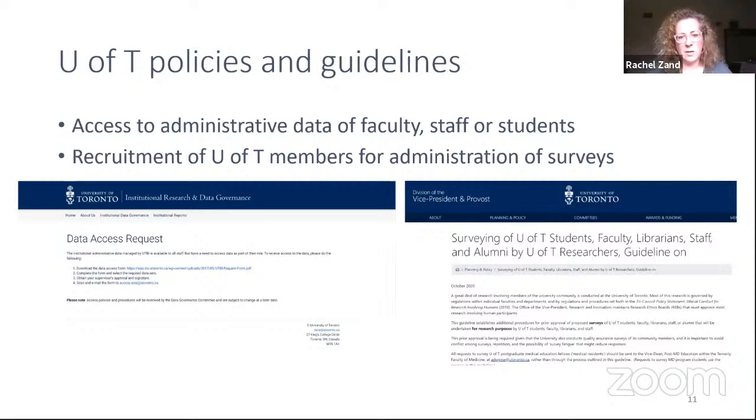And so there is a process by which it's the vice provost or the vice president of HR and equity, if it's for staff, to ensure that whichever population is being requested to participate in a survey has not been overburdened by other surveys. So that's why those two are there. I know that in some institutions, they rely on the Research Ethics Board to make those determinations, but at the University of Toronto, the primary gateway is within senior administration.